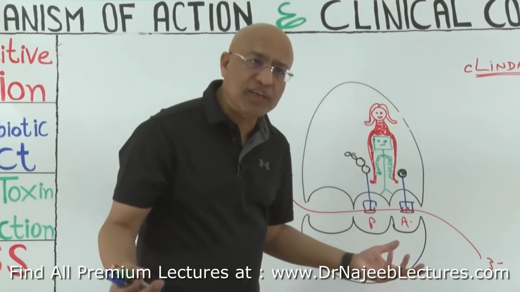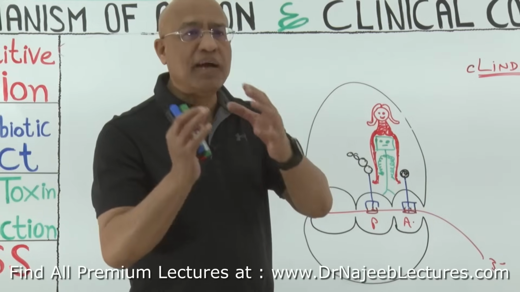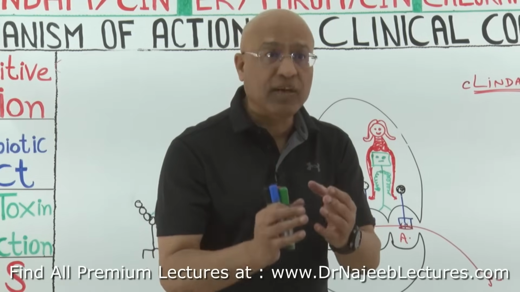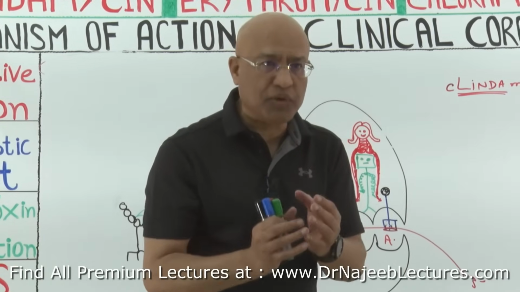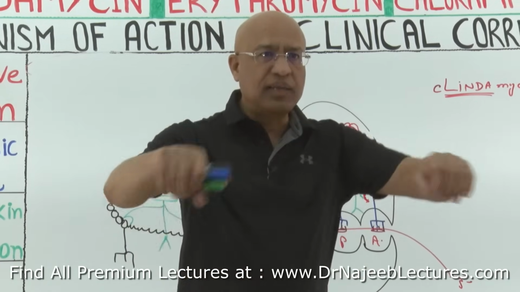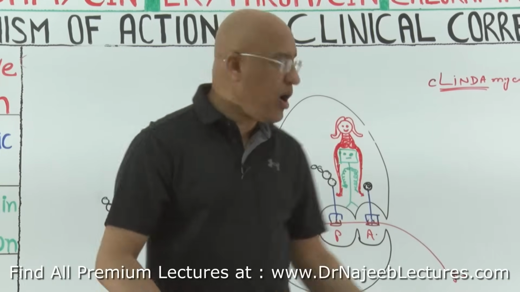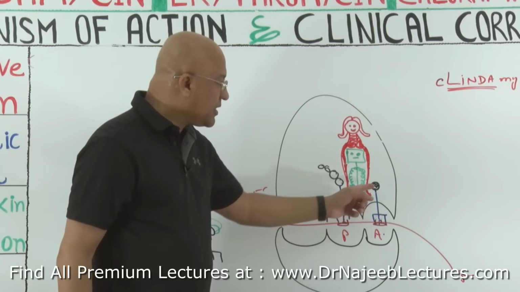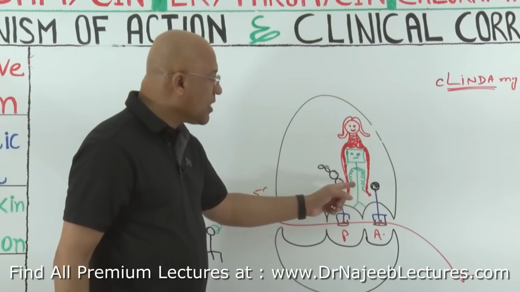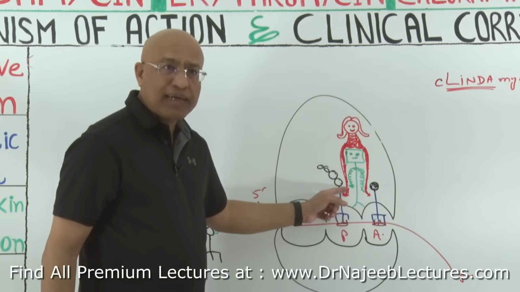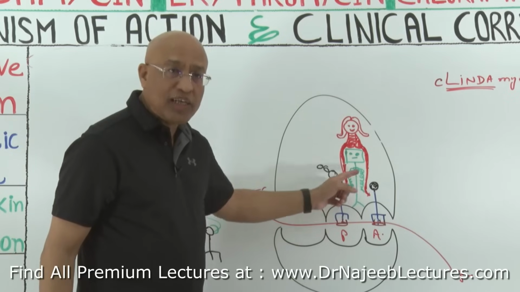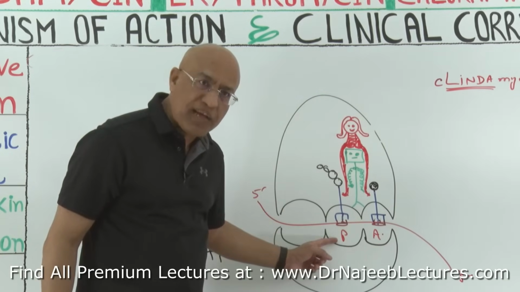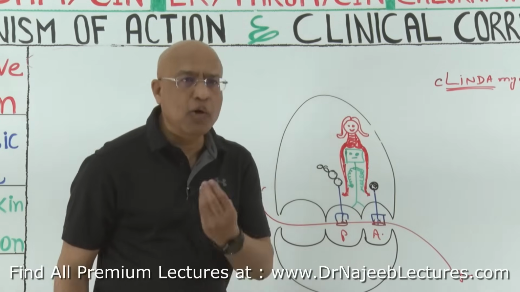fail? Translocation. And if clindamycin is binding with peptidyl transferase or 23S ribosomal RNA or with the ribozyme, if it binds in such a way that it actively disturbs the A site and P site in such a way that these substrates cannot work with the catalytic units, so transpeptidation will fail, then subsequently translocation will fail, and eventually chain elongation will fail.